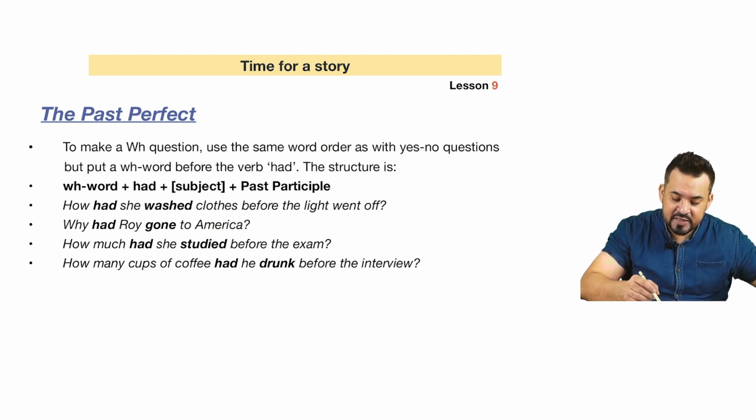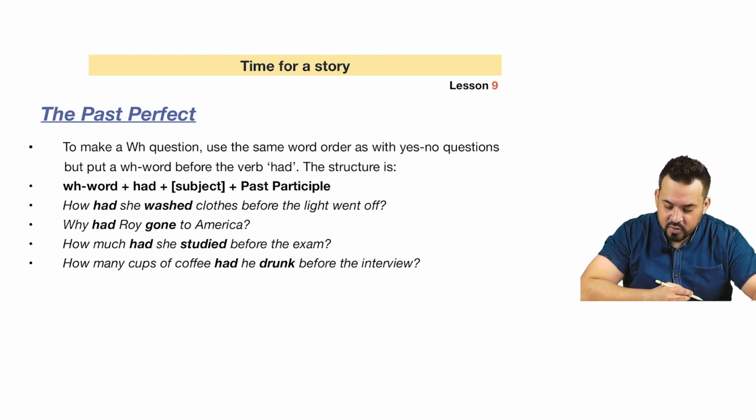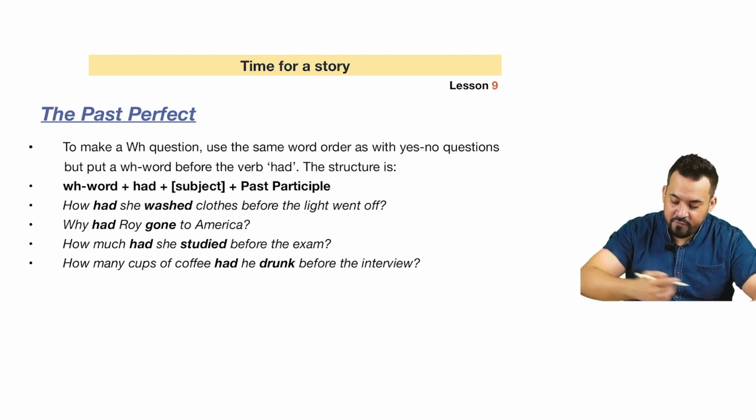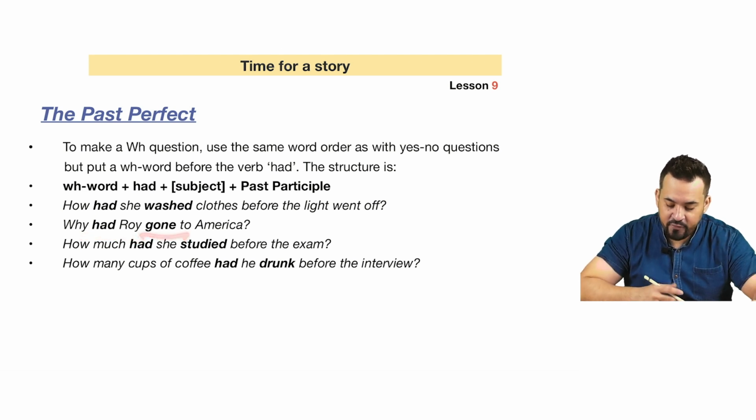So it becomes: how had she washed the clothes before the light went off? Or why had Troy gone to America? So we start with the WH word, followed by the auxiliary, then the subject, then the verb.